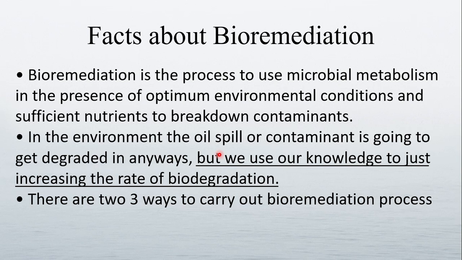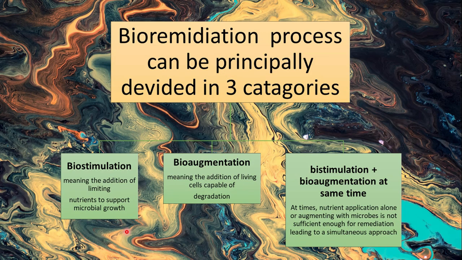So now there are three ways to carry out the bioremediation process that we will take a look at in our next slide. Bioremediation processes can be principally divided into three categories. The first category is biostimulation.